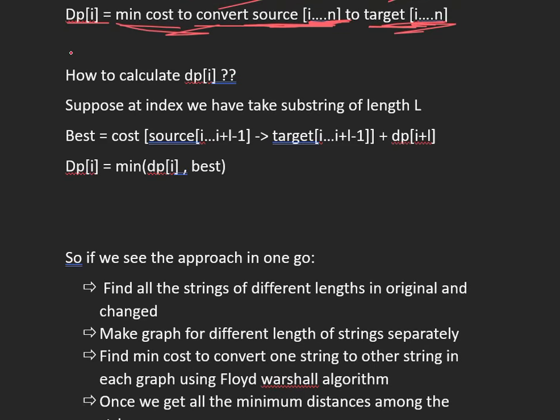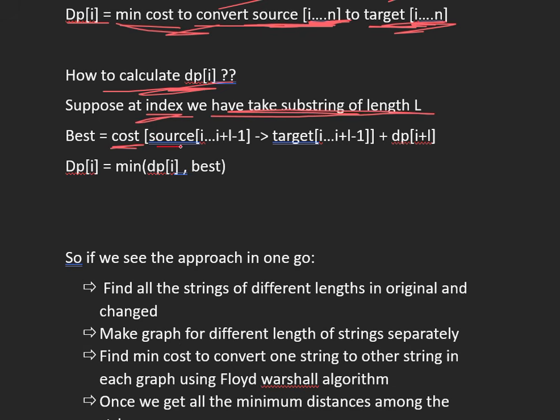Now the next question is how we will be calculating DP of I, right? So let's suppose at index I we have taken a substring of length L. So what will be our cost?